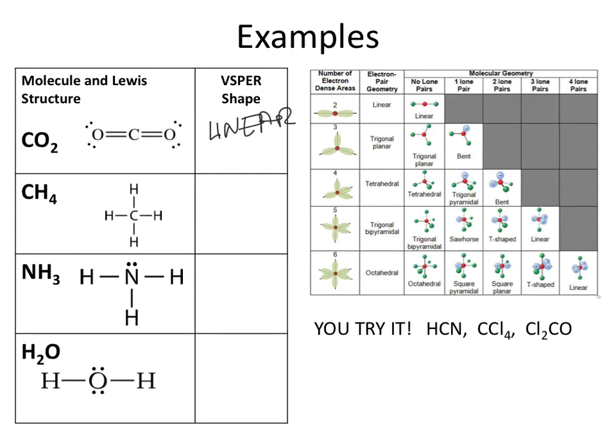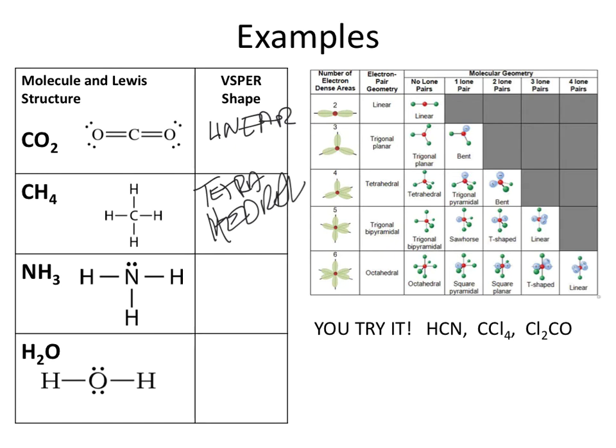We have no lone pair, so we go over to the no lone pair, and we see that that particular VSEPR shape is tetrahedral. I'm just going to write tetrahedral. And you can see here what that shape looks like, and I think you made some of that today in class.